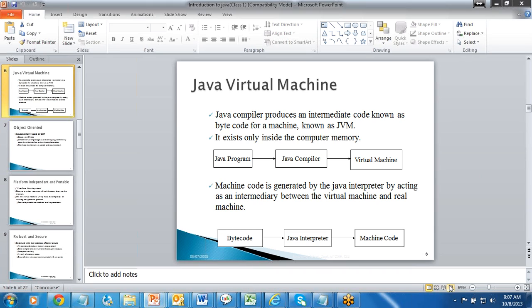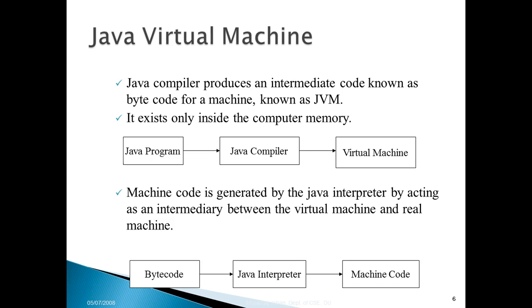So what I'm saying is Java compiler produces an intermediate code known as byte code for a machine known as JVM. Now that means the compiler is producing the byte code, right? No, the virtual machine is producing the byte code. See, the code which is intermediate between the compiler and the virtual machine is a byte code.